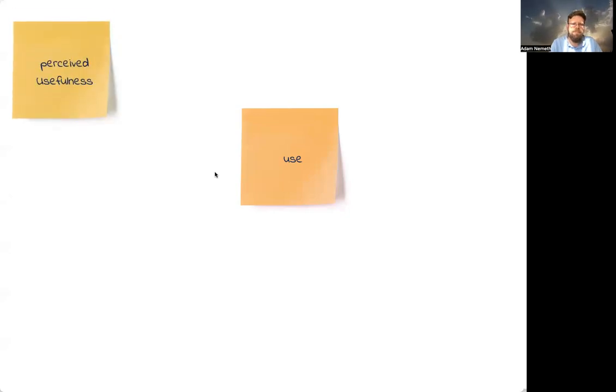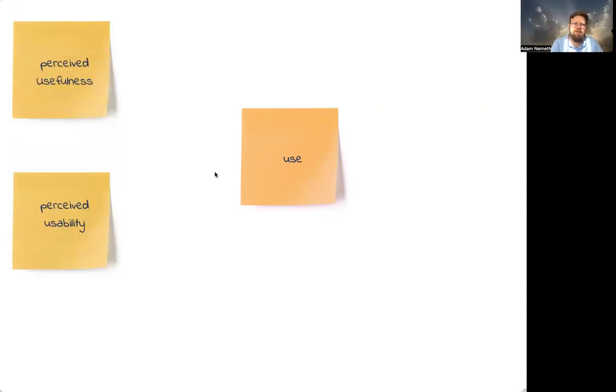So how do we define this? What is a good service? If you think about it, this usability thing, or ease of use, as some people say, is really two-sided. When you're first trying to get something, you have a perceived usefulness: how much more you would value this than the money you would give out, or the time or effort.